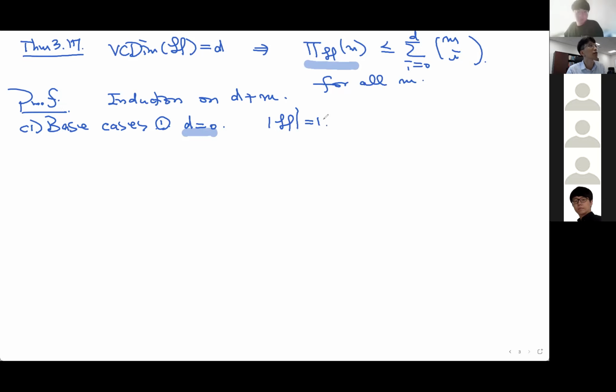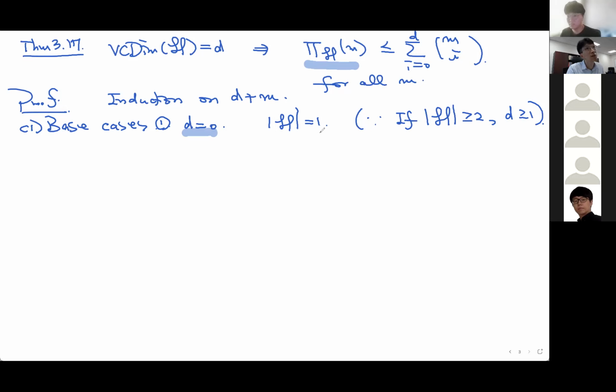Otherwise, if we have at least two functions in our hypothesis set, then there must exist some input for which one hypothesis maps it to plus and the other maps it to minus. So the VC dimension d has to be at least 1, because a singleton set will be shattered.